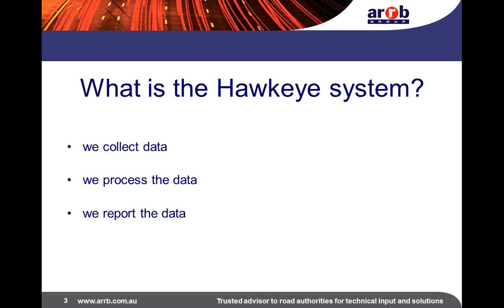When we sell them overseas, they're available in different configurations. So we have some customers with just systems with lasers, or systems with only cameras. So they're configurable and have different options.